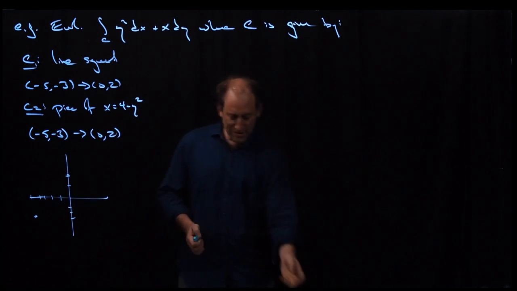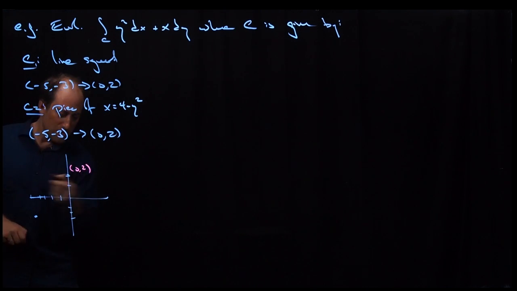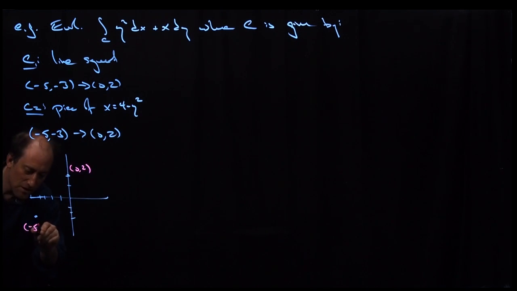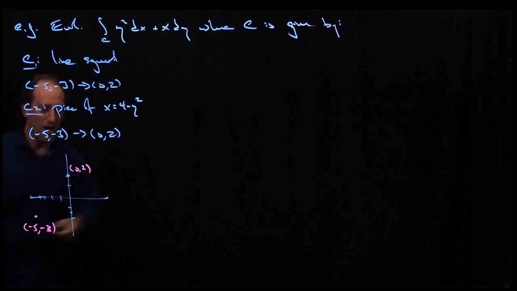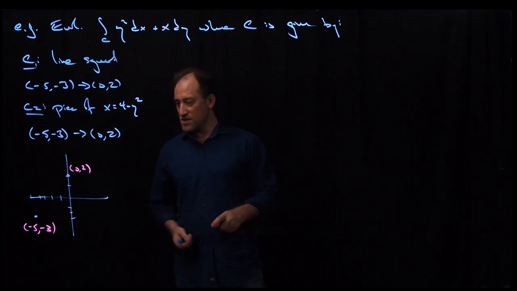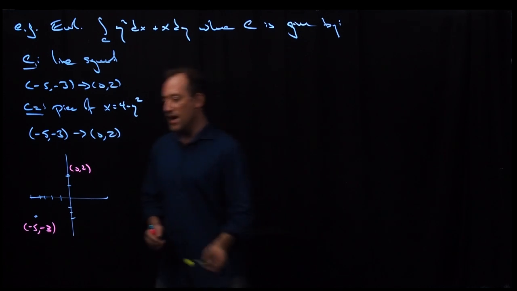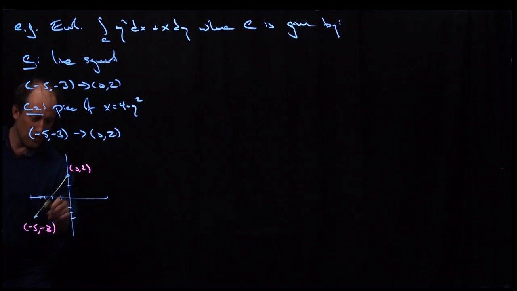So label these accordingly. Here's the point (0, 2). Here's the point (-5, -3). All right, the first curve, C1, is a direct line segment from (-5, -3) to (0, 2).